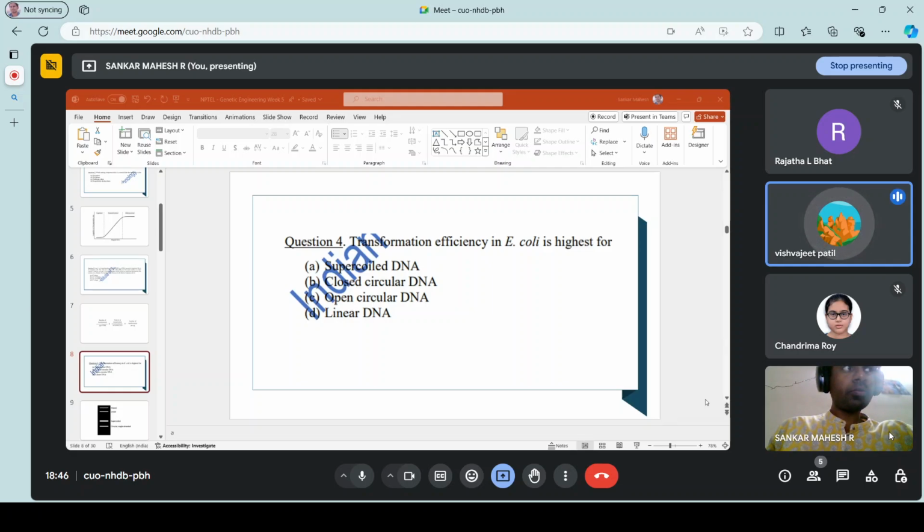Sir, so linear DNA, it cannot... in E. coli, no? So it can directly get transformed in E. coli. I did not understand. You're saying linear DNA, it's easy to transform, is it? Yes, sir. Why would you say that?